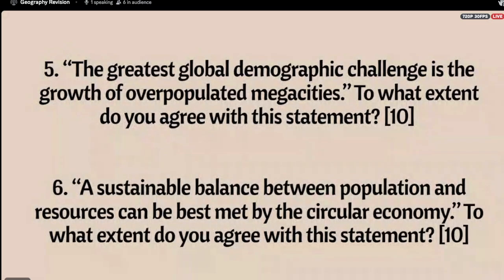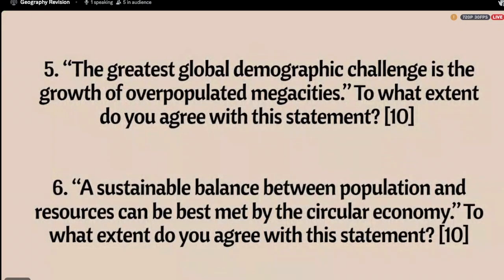Oh no, I got a different question. I got the consequences of megacity growth are mainly felt by individuals. But yes, I also talked about megacities. But I think it's the same thing, really. For the first one, it's pretty much the same thing. It's about demographic challenges again.